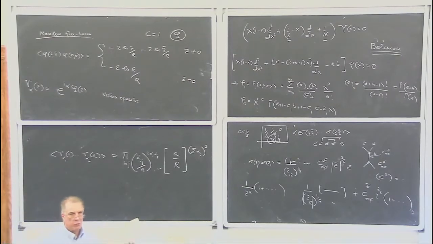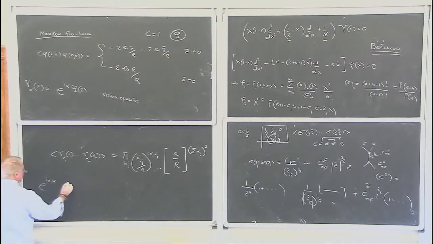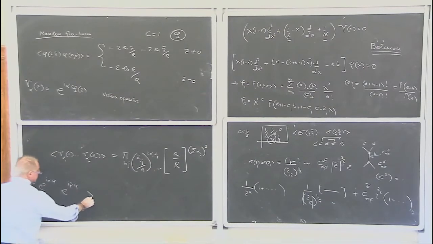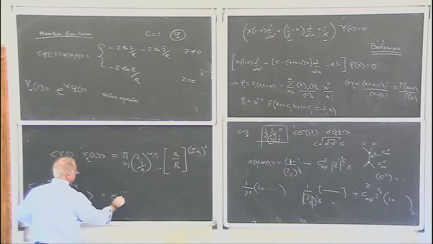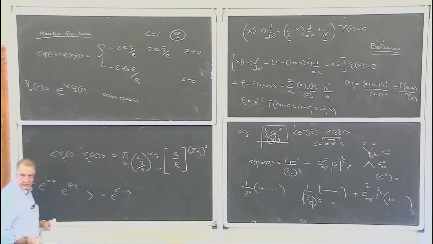How do I compute this one? Maybe the commutator formula. Bravo. So when you have e^{i alpha phi} e^{i beta phi}, what you have to do is reduce this to a unique exponential by contracting.